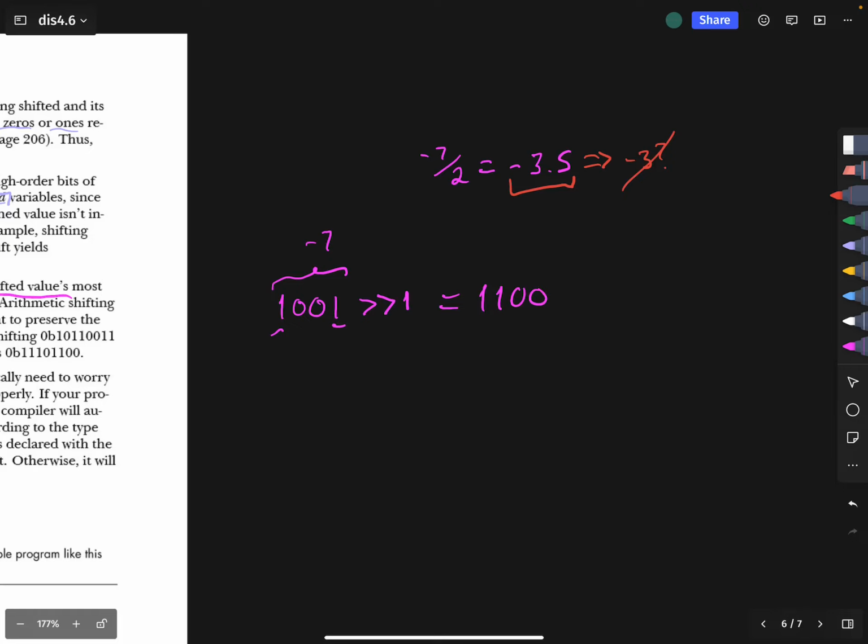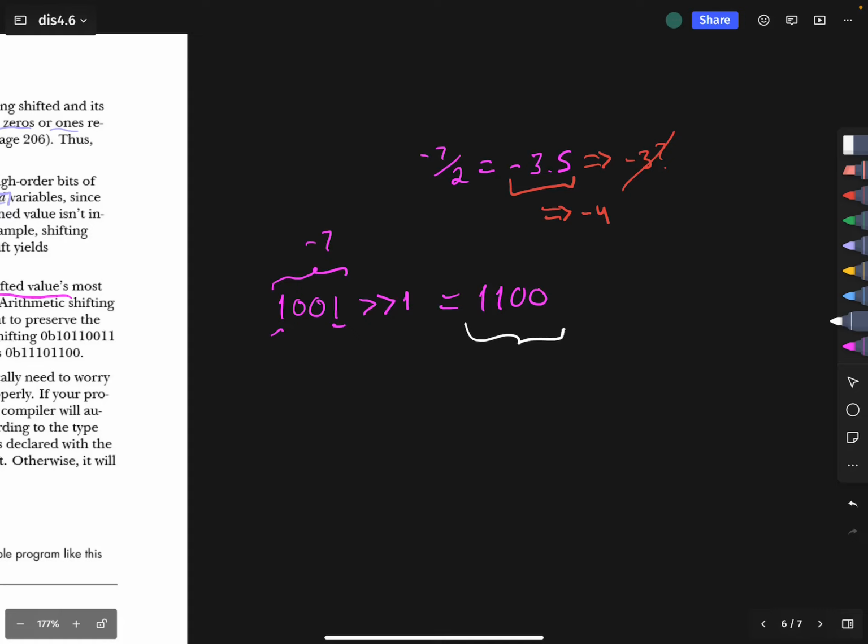Because for negative numbers, the greater their magnitude, the more leftward they are. So in any case, we do not round this up to -3, rather we round this down to -4. Now, let's see if our bit shift agrees with that. Is this the binary 2's complement representation of -4?